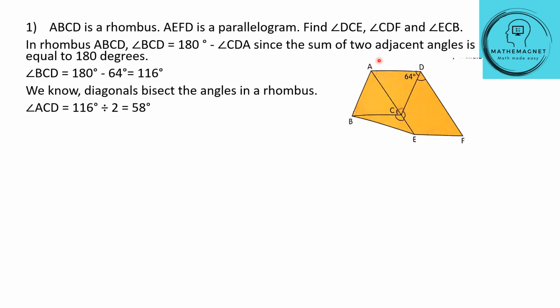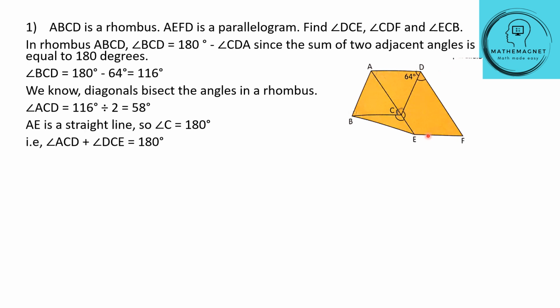So which means angle ACD plus DCE will be equal to 180 degrees. And now we know ACD is equal to 58, which we just found. So angle DCE will be equal to 180 minus 58, which is equal to 122. So the first unknown angle we found, DCE, is equal to 122 degrees.